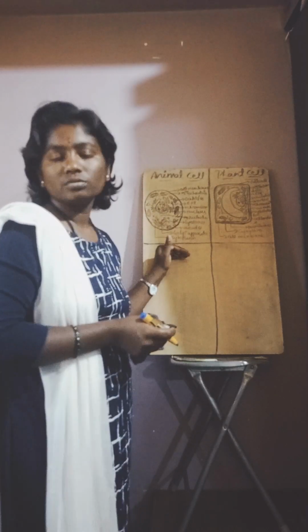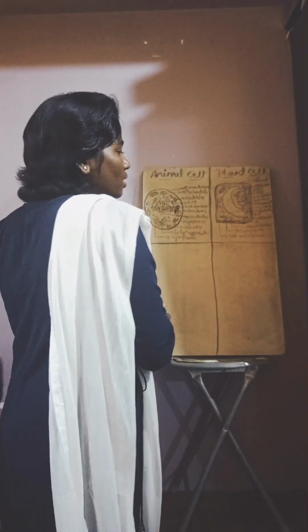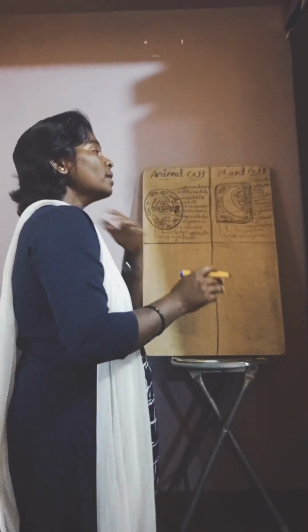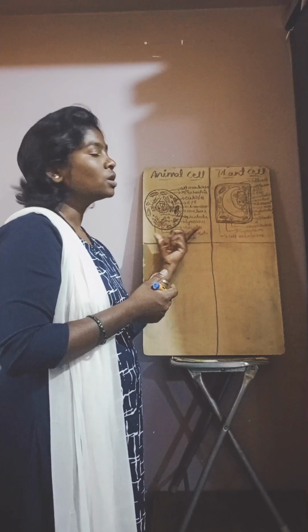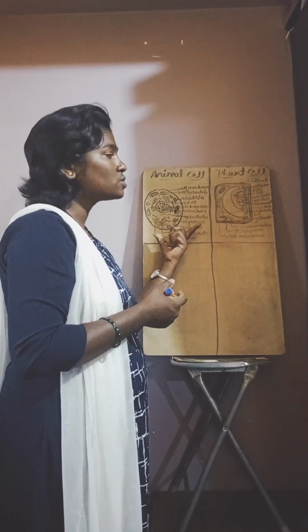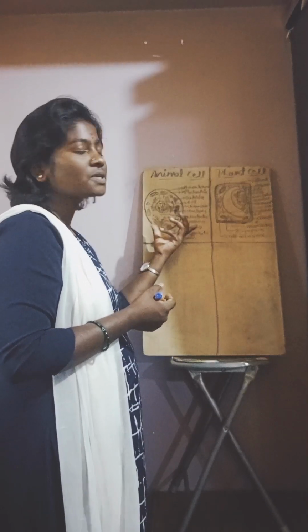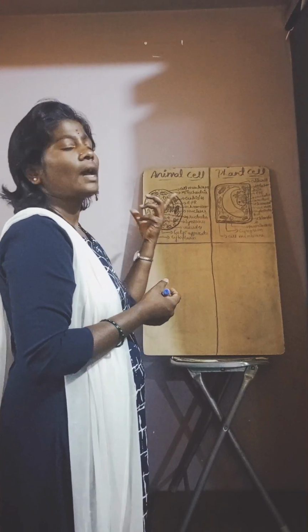Also, though these two cells come under eukaryotic cells, there are some more differences due to the presence of specialized membrane bound cell organelles. Those specialized organelles are not present in both of these cells. Some cell organelles are present in plant cells and some specialized cell organelles are present in animal cells.